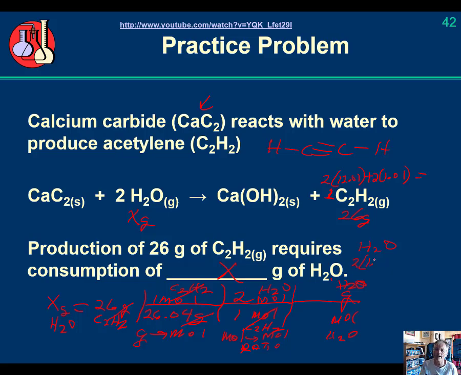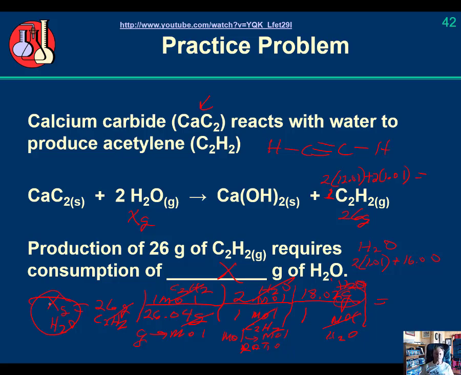It's 2 times 1.01 plus 16, and that is just 18.02 grams per 1 mole for water. That's the molar mass of water. When I multiply across and divide, moles of water cancel, and I wind up with grams of water.